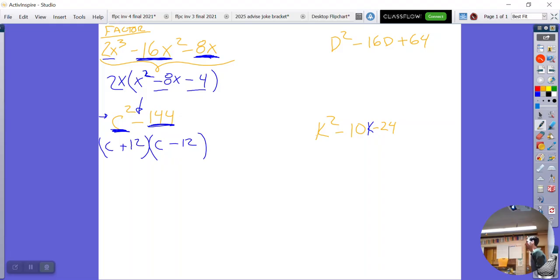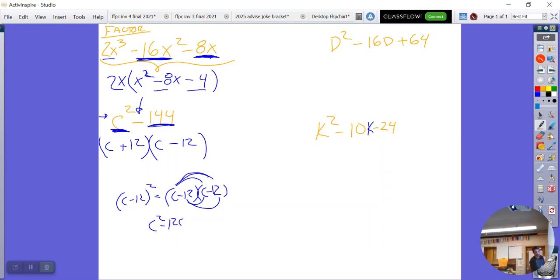Yes, Sasha. That would not be correct because, and I'm glad you asked, if we had c minus 12 squared, that would be equivalent to saying c minus 12 times c minus 12. And we would have to go ahead and do our rainbows and smiley faces. C times c is c squared. C times negative 12 is negative 12c.